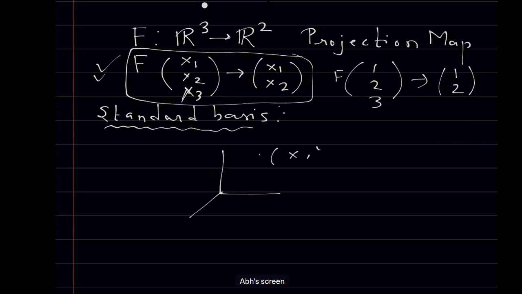Consider this is x, y, z, and if you are projecting only the first two, x and y, that means you are projecting on the xy plane. So the projection operator here geometrically takes every point on the top of R3 and brings it down on the xy plane. So that's the geometrical meaning of this map.